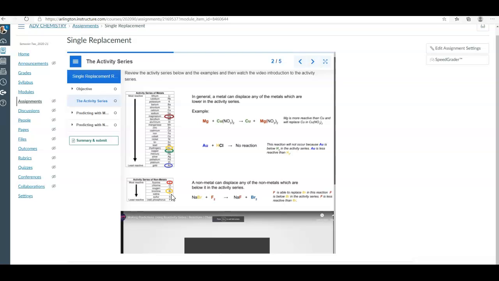That's all I want you to be able to do, being able to use the activity series to predict if a reaction will occur, and then you complete the equation, which might be a challenging part, but once you get a hang of it, you will be fine.